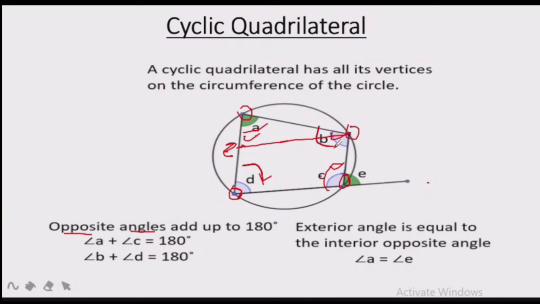Now, another important one, if I was to extend C to E and form an exterior angle, this exterior angle would equal the opposite angle, which is angle A, meaning A would equal E.